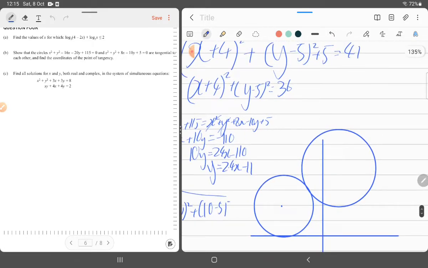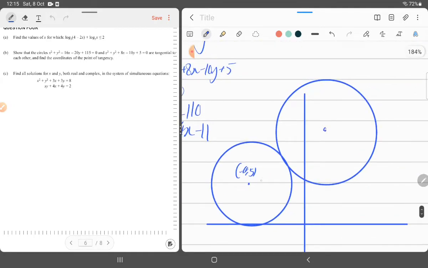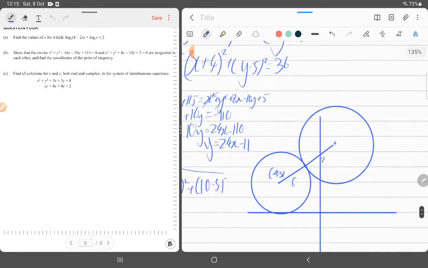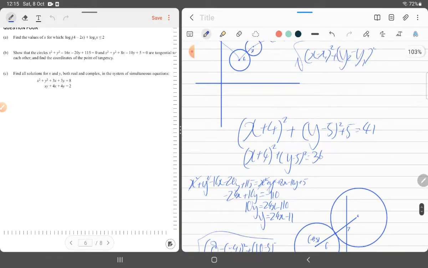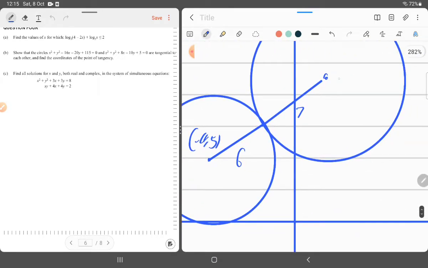This is -4, 5. This is 7. Then so this is 18.